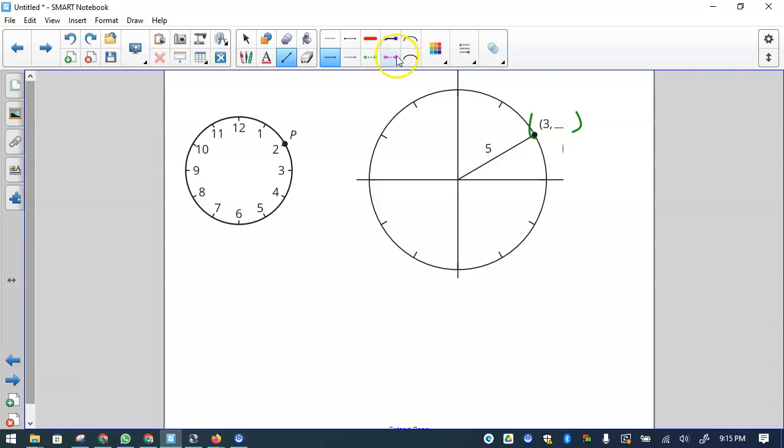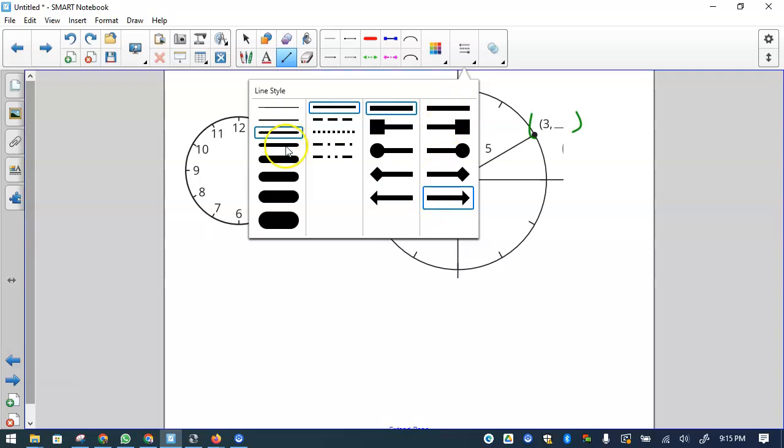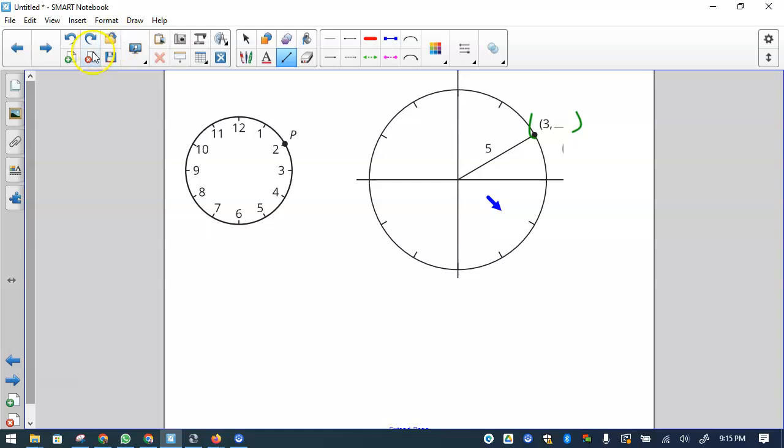Let's draw a triangle. Let me use the blue color here. From here, I'm going to join this and then drop here like this. So when you drop, you get a triangle.